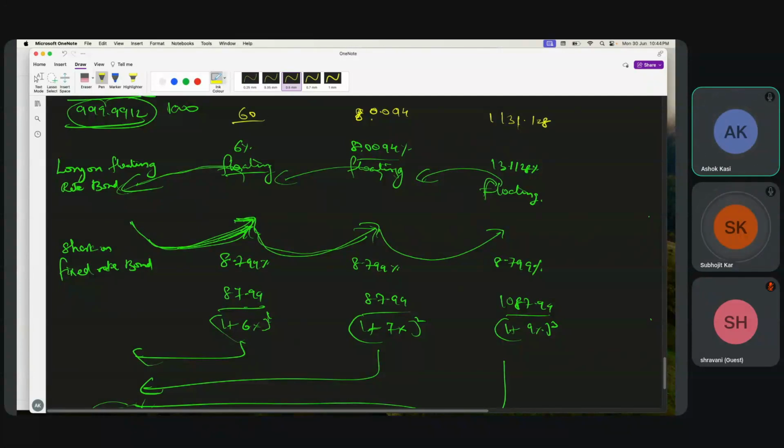So now let's discount all this. 1 plus 6% raised to 1. Calculate this. Keep it in store 1. It's 56.6037. Then 1 plus 7% raised to 2.